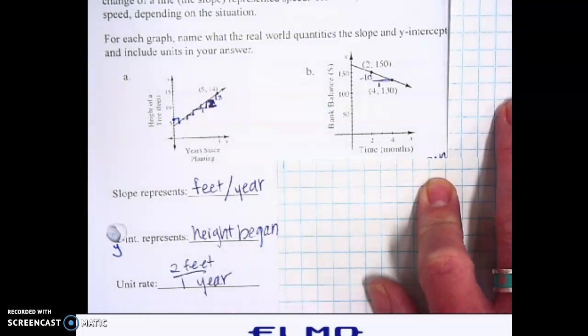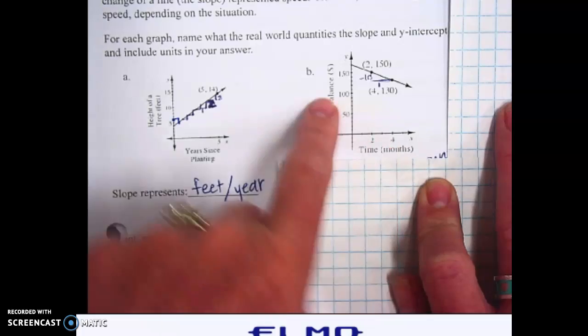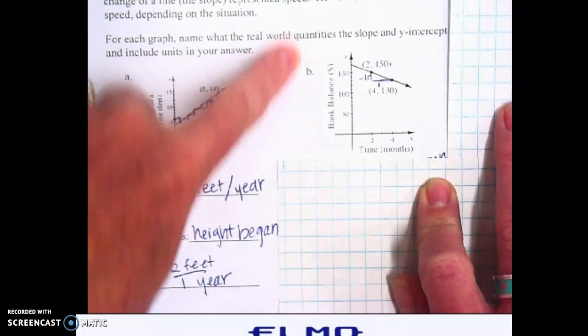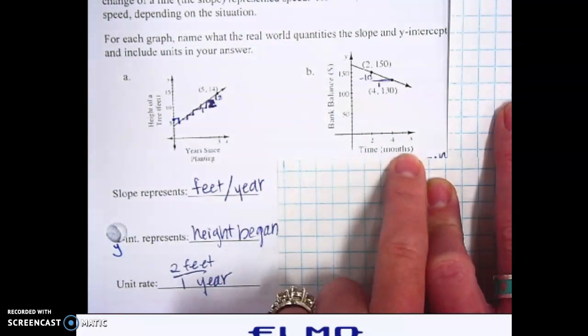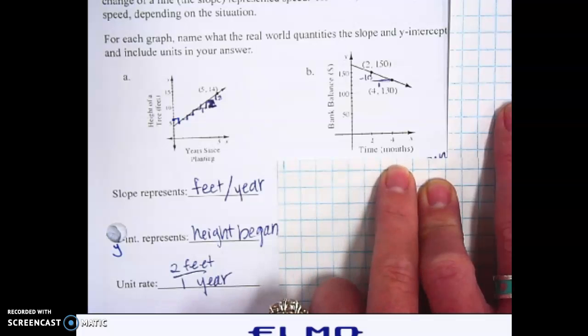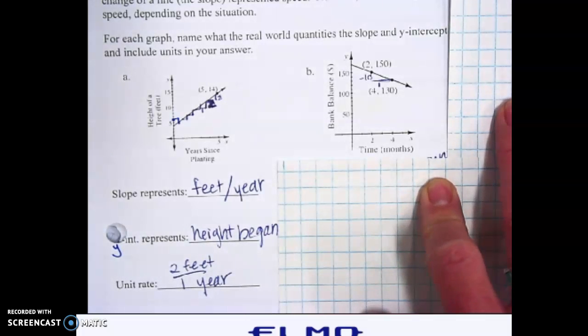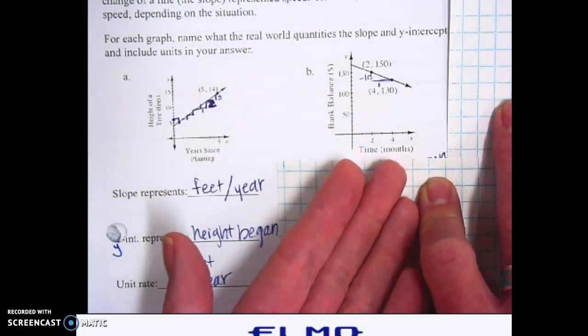What do you have in your bank? Money, dollar bills, right? How much money is in the bank, okay? That's how your y-axis is changing. And then the x-axis, how is the x-axis changing? In months, okay? So this person's bank balance, how much money they have in there, is changing every month.